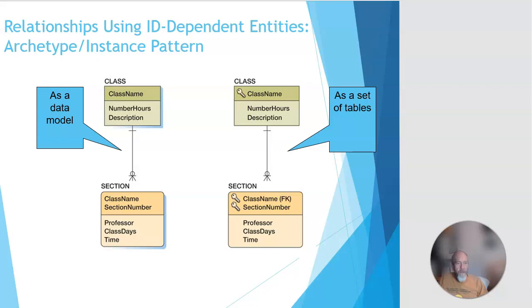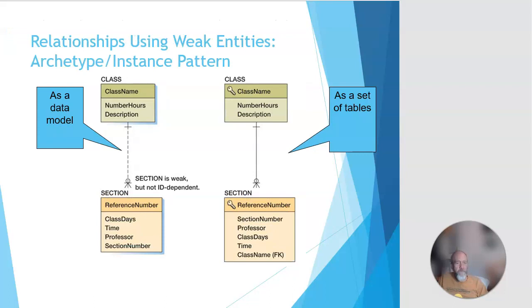Okay, this is called the archetype instance pattern. It's a specific pattern, and it is one that you may decide that you want to use in your database design. Again, I will say that I prefer not to. As long as I can keep some sort of primary key in this case in the section, that's the child, that keeps a level of uniqueness.